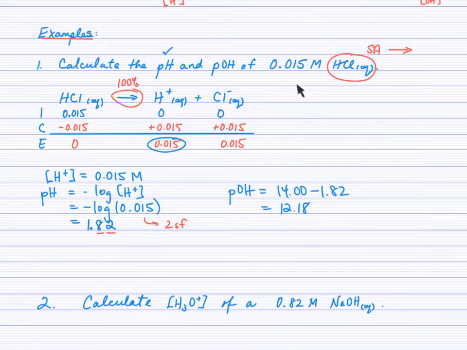Okay, so for a strong acid, do you really have to show this ice table if it is always going to 100% ionize? And I would argue, no, you know what, you can save yourself some time here.